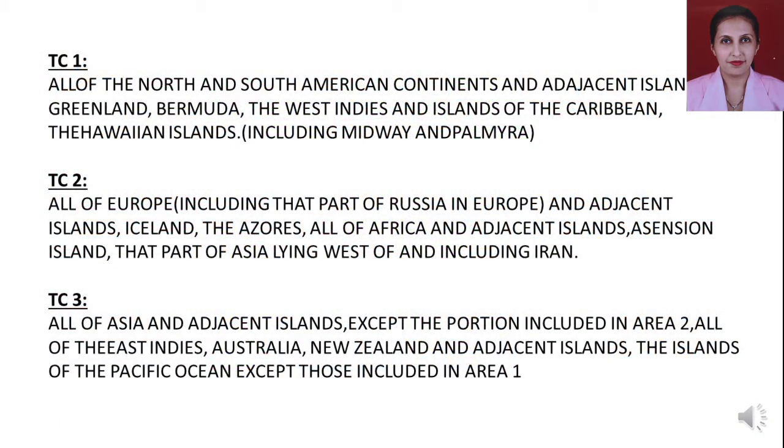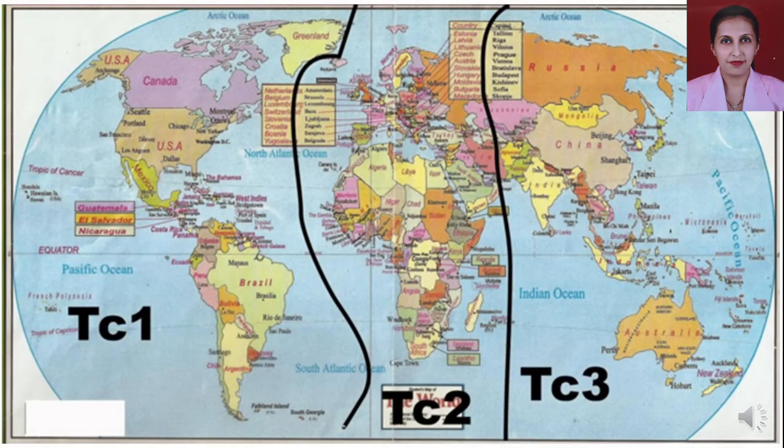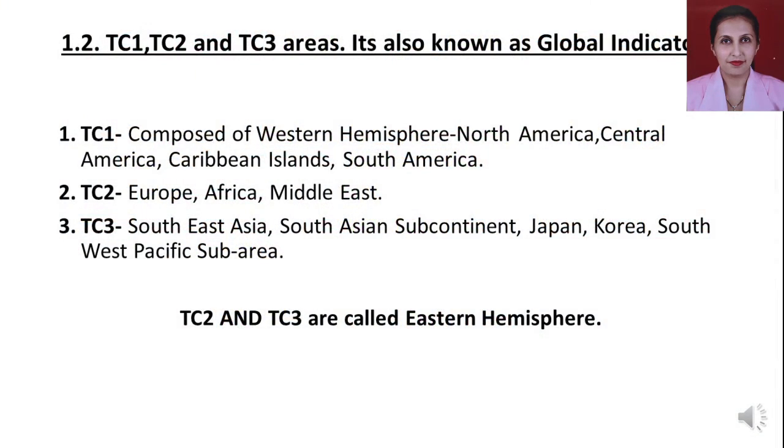And adjacent islands, Iceland, the Azores, all of Africa and adjacent islands, Ascension Island, that part of Asia lying west of and including Iran. So we also see that the west part of the Asian continent also comes under TC2, and the west part usually comprises the country Iran. So this is about TC2.